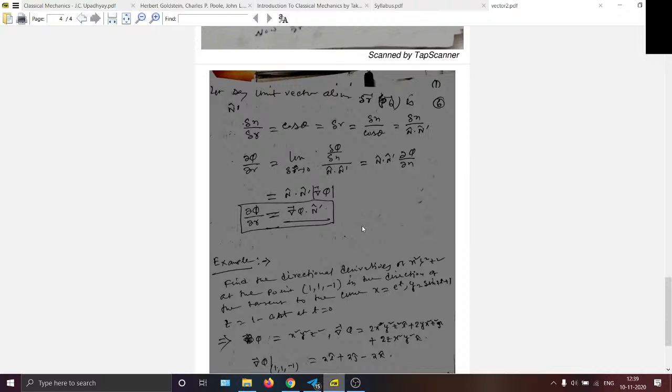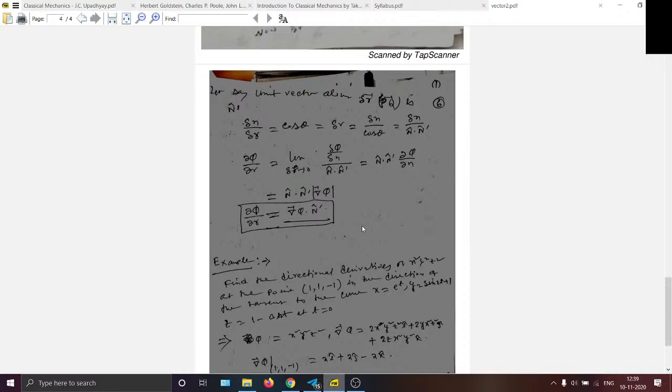Now if you substitute this value of delta r, you will find the limit as delta r tends to 0 of delta phi by delta n divided by n cap dot n prime cap, which I can rearrange and write as n cap dot n prime cap into del phi del n.